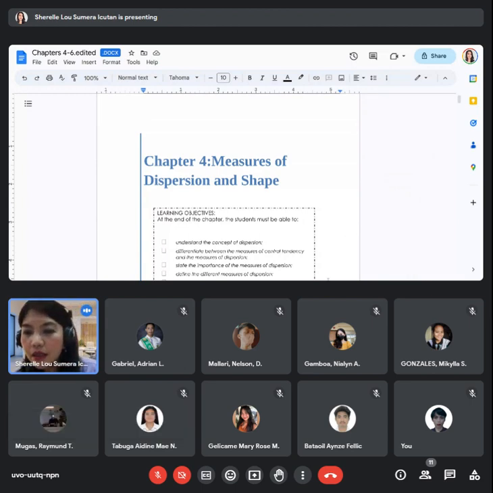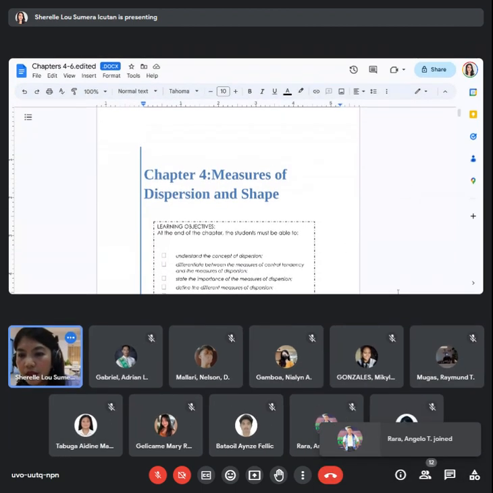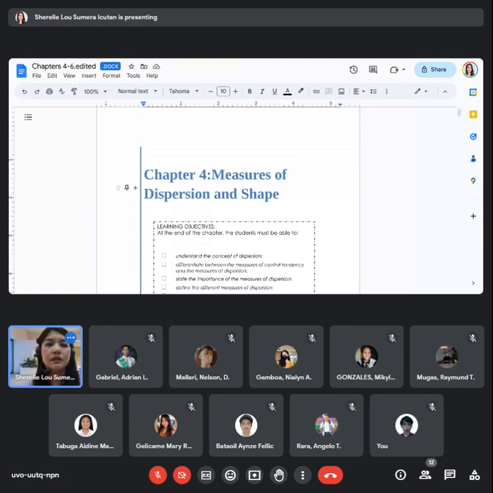Or let me see if I have here chapters 4 to 6. Na-download ko ba yun? Sa drive ko na lang. Or I'll just give you, I don't have here.